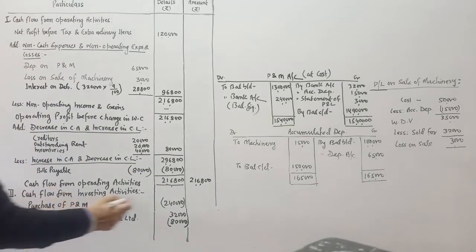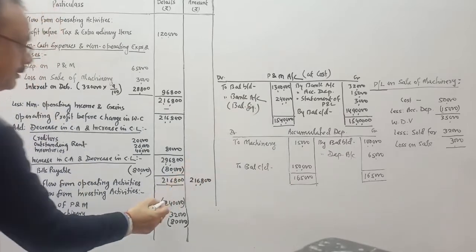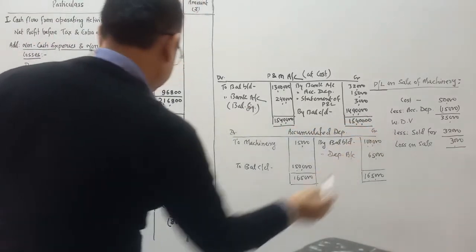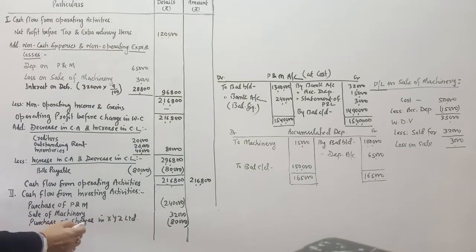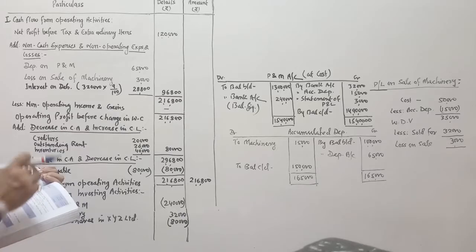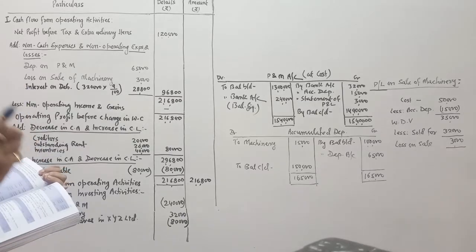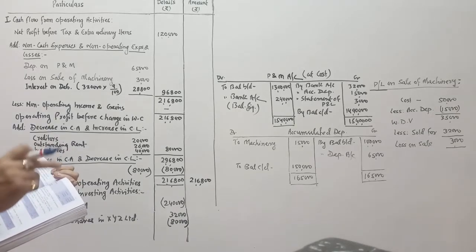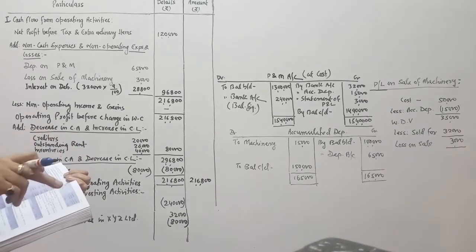So purchase of plant and machinery 2,40,000. Sale of machinery, we have taken 32,000, this is the inflow. And purchase of shares in XYZ Limited, given in note number 5 under non-current investment: last year it was 1,60,000, this year 2,40,000, increased by 80,000.